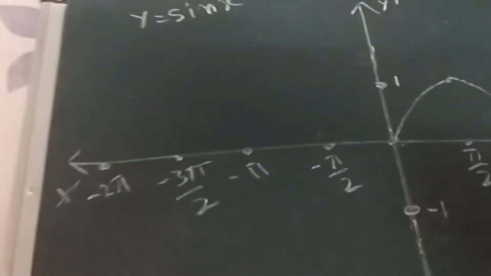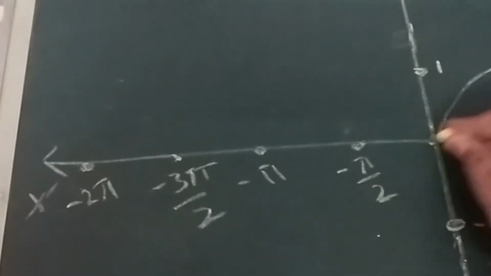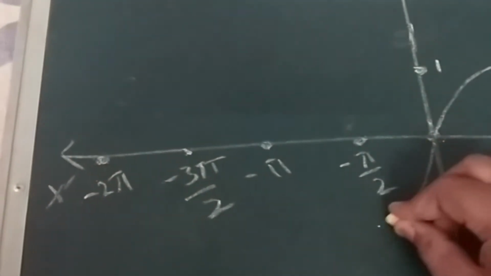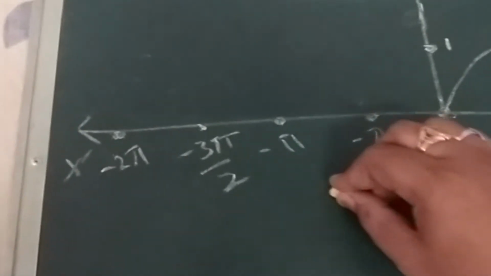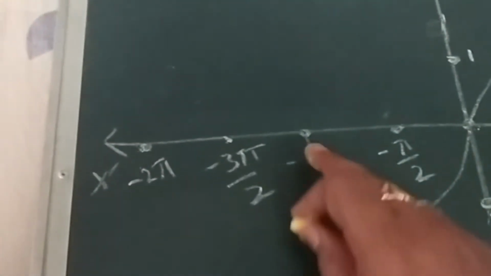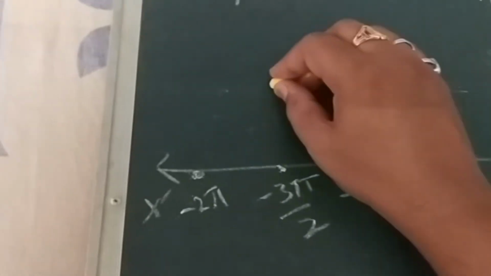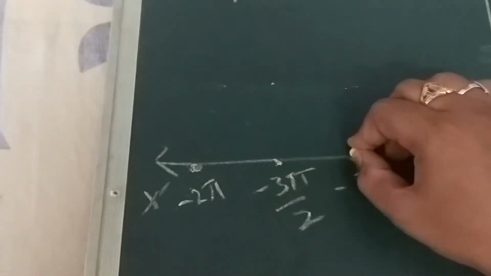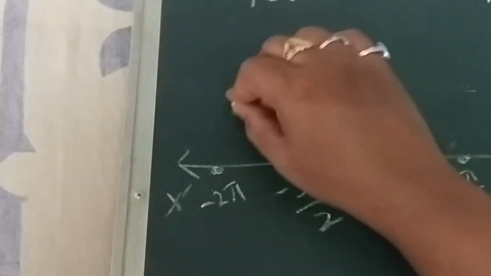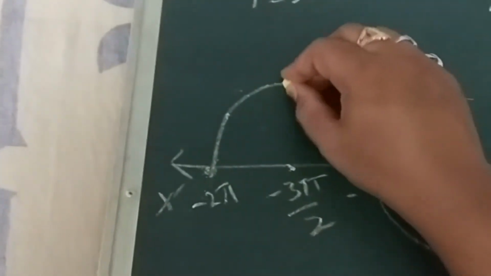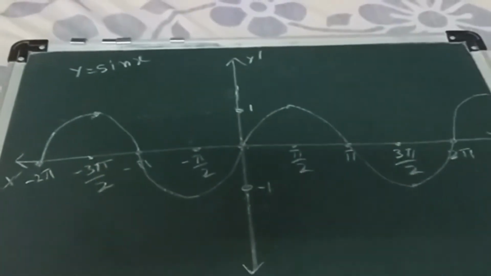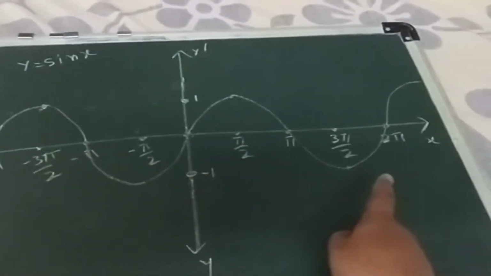Now this side at minus pi by 2 it is minus 1, and at minus pi it is 0. At minus 270 degree, minus 3 pi by 2 it is 1, and minus 2 pi it is 0. Okay, so this is the sine curve from minus 2 pi to plus 2 pi.